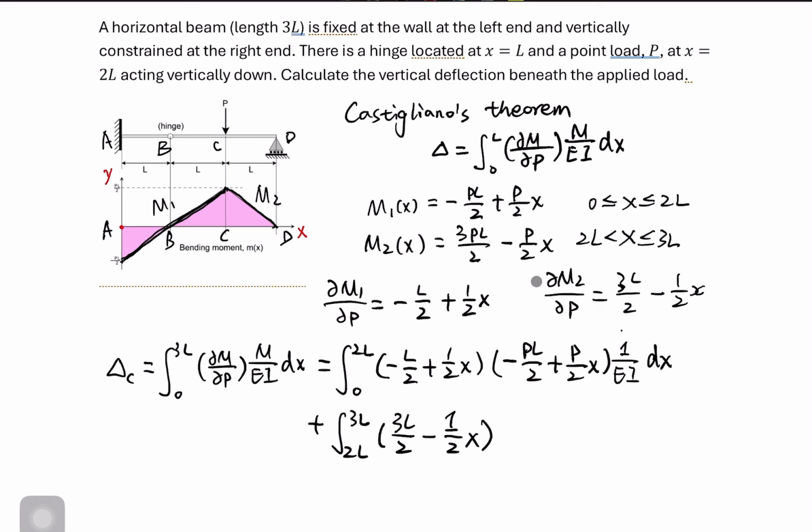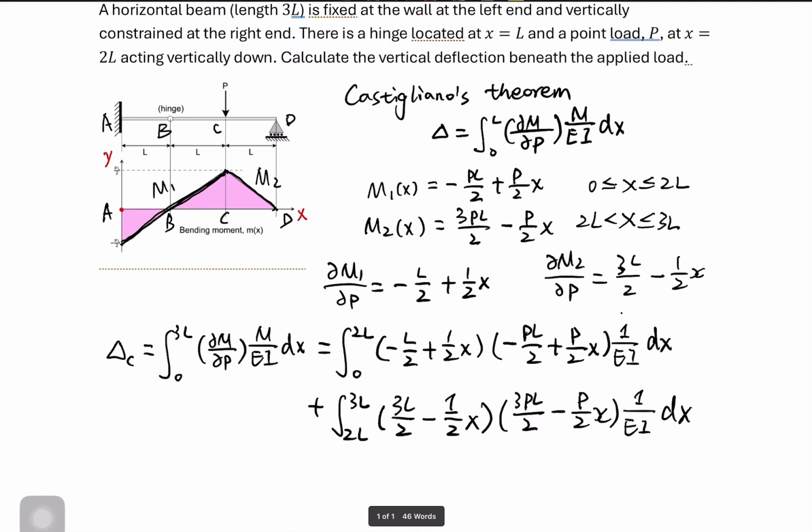This is partial M2 over partial P, and we multiply by M2, which is 3PL over 2 minus P over 2 x. We also need to multiply by 1 over EI and dx.